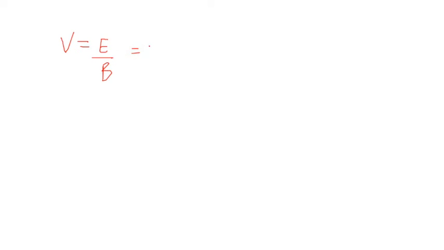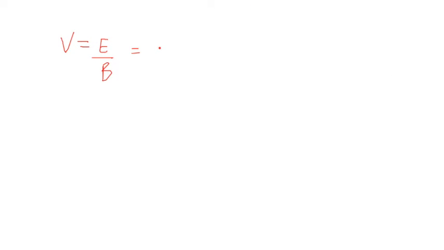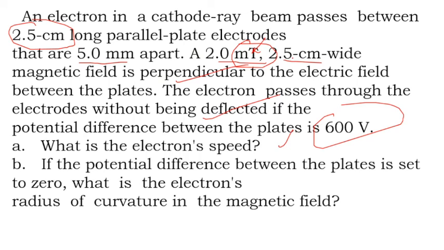You know the electric field; in our question we are given the potential difference, so the electric field will be delta V divided by d, into B. Delta V in our question is given as 600, and d is the distance, which in our question is given as 5 millimeter apart.